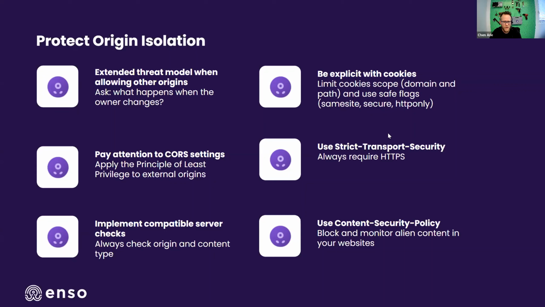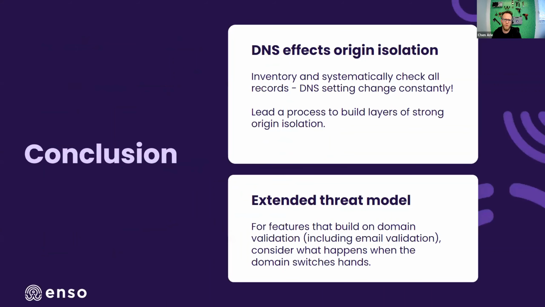Do onboard to extensions like HSTS. And if you can afford it, if you can do it, do use an extension like a content security policy. It will greatly improve your ability to control what kind of content is running in your origins. In conclusion, DNS can affect our origin isolation and can bring us more vulnerabilities.